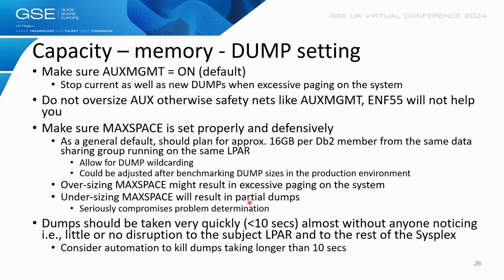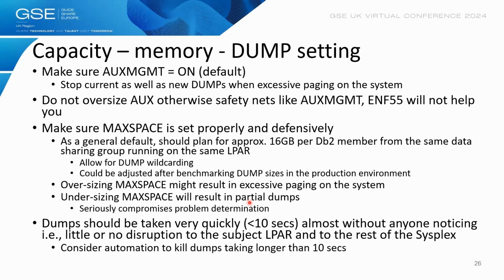Another recommendation is to make sure that aux management is on for your dumps. Aux management will stop the dump from being written when there is excessive paging on the system, right? The dump capture should be pretty quick, and if we are really paging to auxiliary, it's really slow.